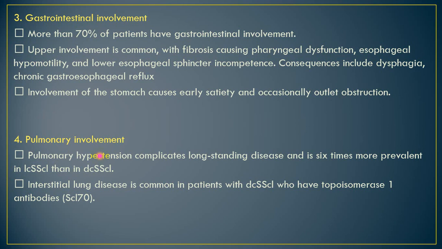Lung involvement is common, and there are two types of lung involvement in patients with systemic sclerosis. It is either interstitial lung disease, where, like any other system, the lung will be involved by fibrosis.